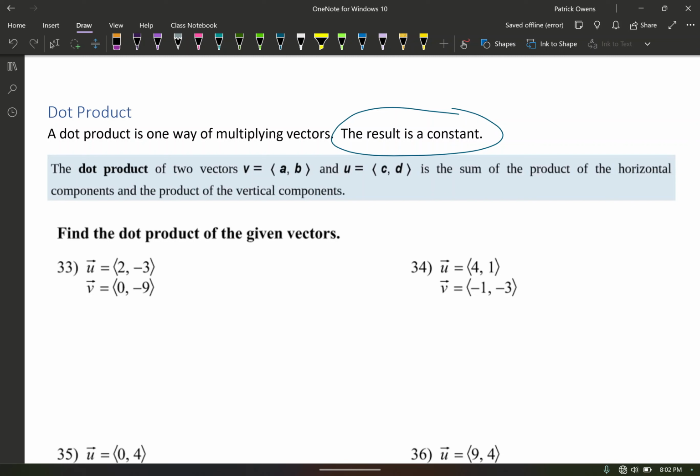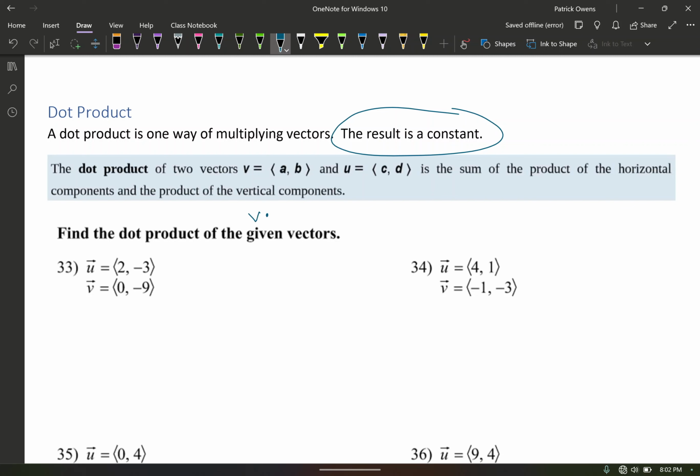and then deal with finding the angle later. So our dot product is the sum of the product of the horizontal components and the product of the vertical components. All right, so if we look at this definition here, it gives us V is equal to ⟨A, B⟩ and U is equal to ⟨C, D⟩.